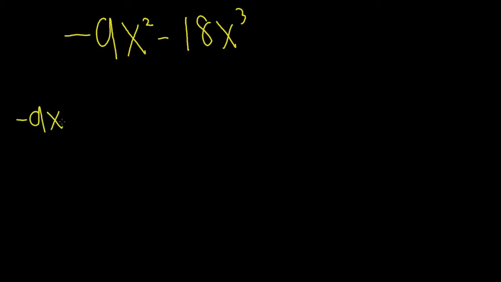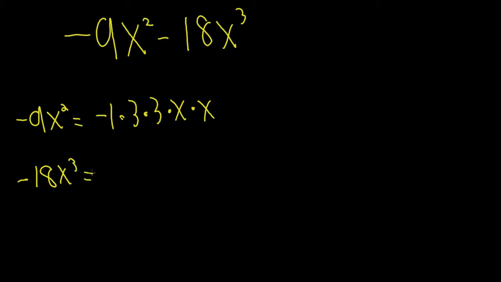Negative 9x squared is the same thing as negative 1 times 3 times 3 times x times x. Negative 18x to the third is the same thing as negative 1 times 3 times 3 times 2 times x times x times x.